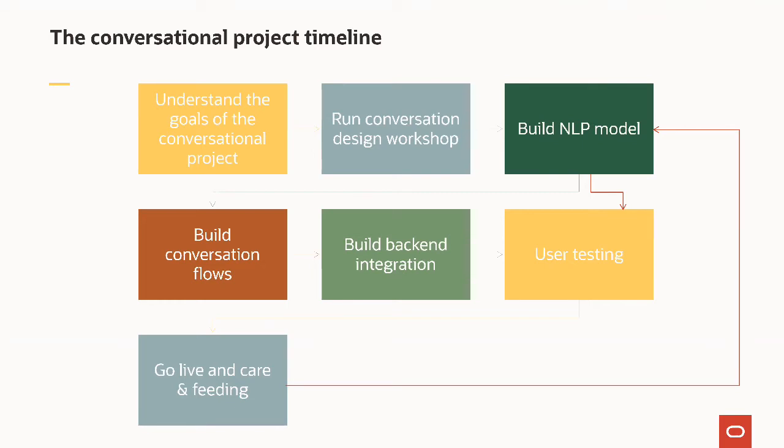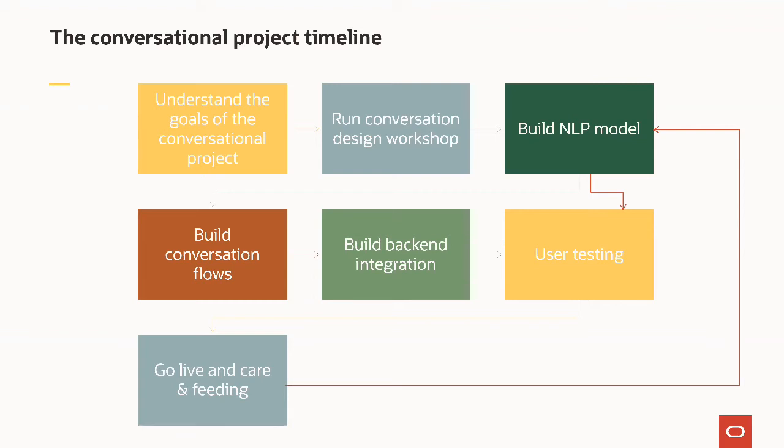Now you're going to define the entity extraction strategy. There are a lot of things that come straight out of the workshop, and the conversation designer, I'm going to talk about that role in a little bit, has critical importance in the input for building the conversations. And again, how to cope with small talk, how to cope with swearing, what do we do if the user swears?